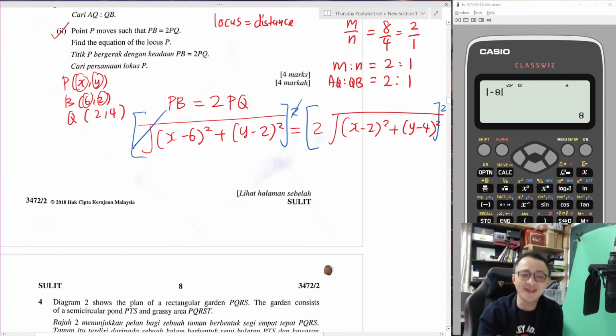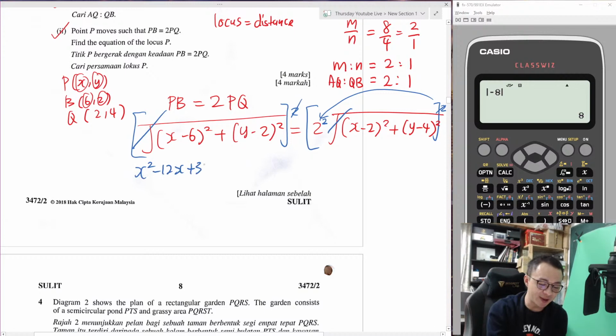But on my right hand side, I need to square the 2 and make it become 4. And then the square and square root will cancel out also after I make the 2 into 2 squared. Then we'll just expand as fast as possible. x squared minus 12x plus 36 plus y squared minus 4y plus 4 equals to 4 multiply x squared minus 4x plus 4 plus y squared minus 8y plus 16.